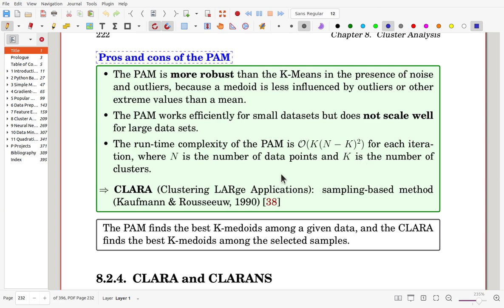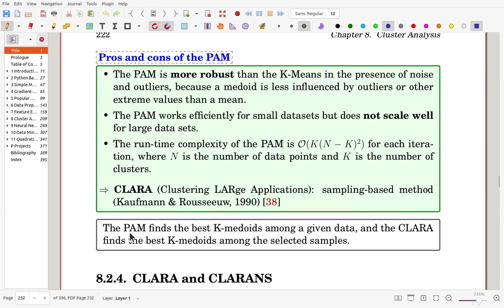Once the number of iterations is large, it can be really expensive for larger data sets. So CLARA, clustering large applications, was developed. That is a sampling-based method.